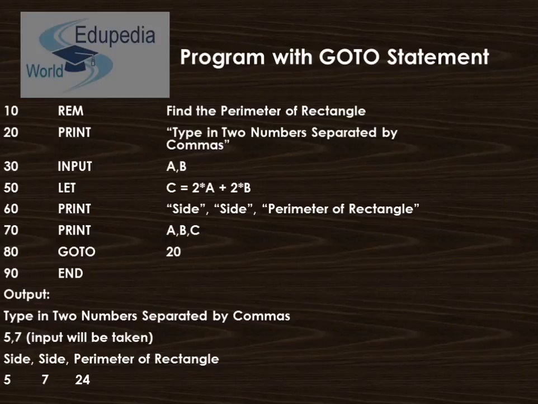In the output we again see: type in two numbers separated by commas. Then the input is taken, and again we have the output showing the two sides and the perimeter of the rectangle. So it keeps on going and going.